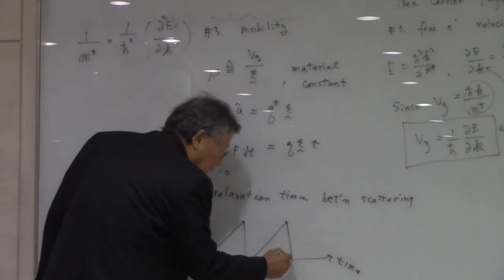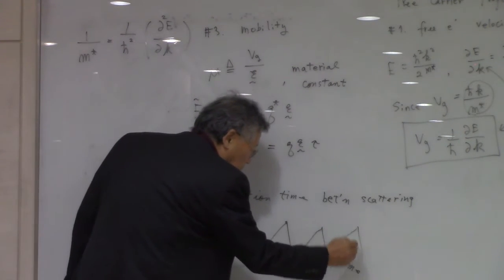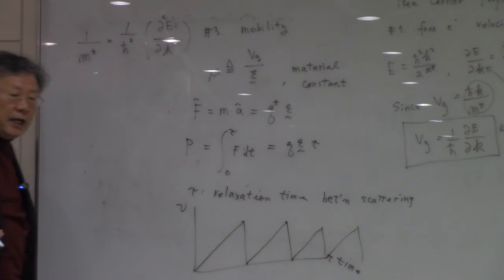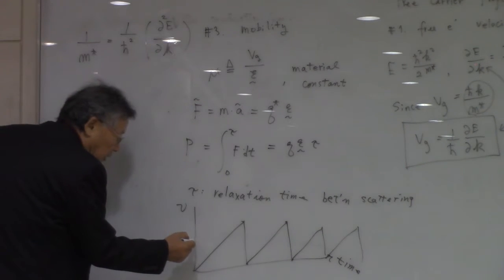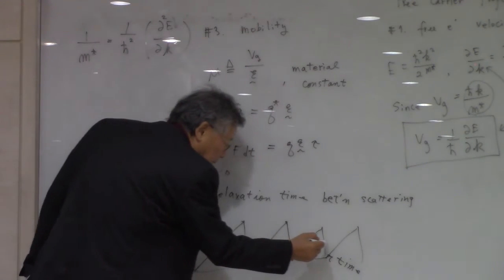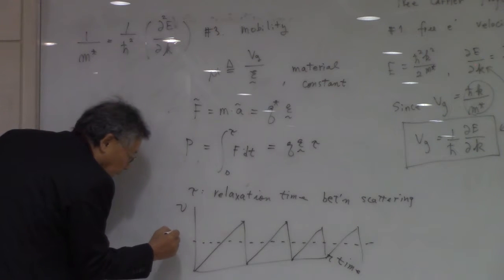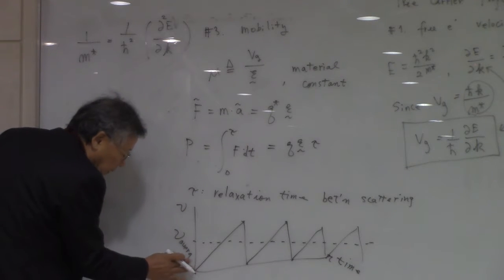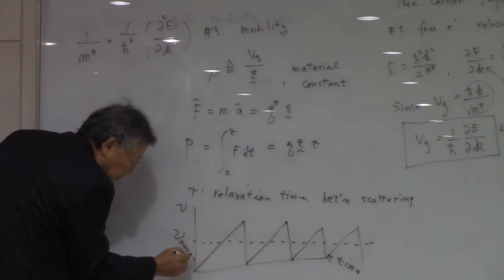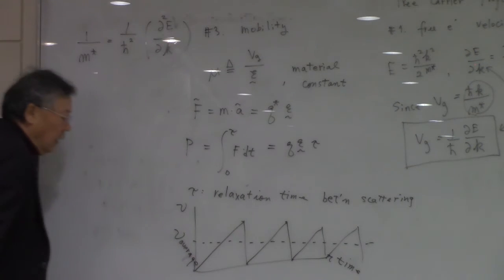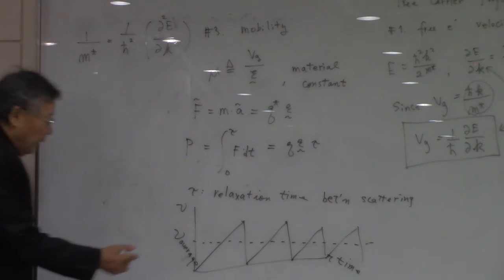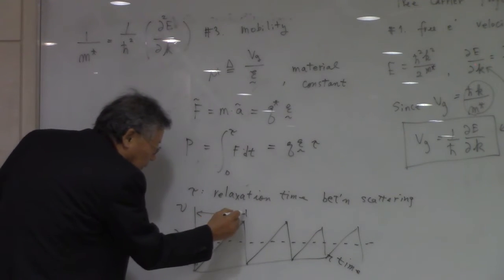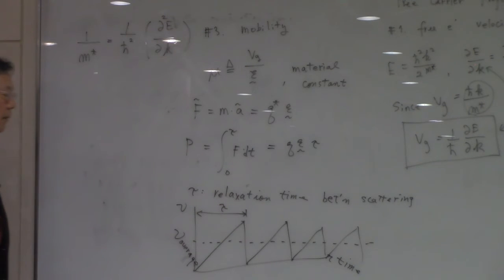It is something like this, seesaw shaped. So when we say the velocity of free electrons in a solid, it is the average value we are talking about. That is the velocity of a free electron in a solid. Between the scatterings, we call this the relaxation time.